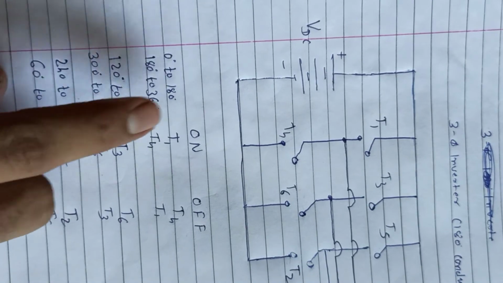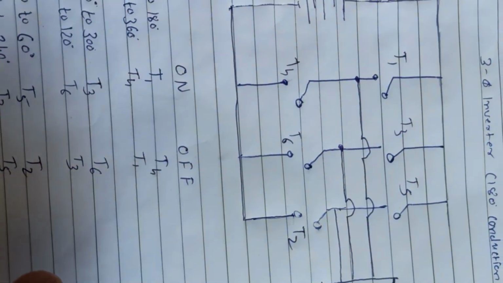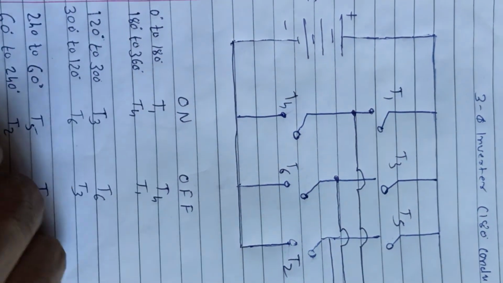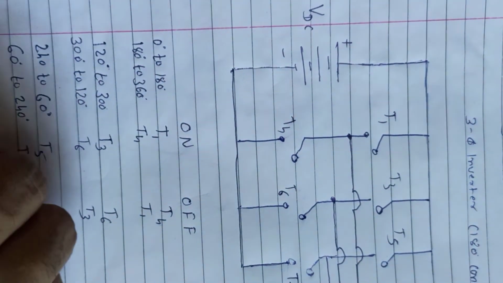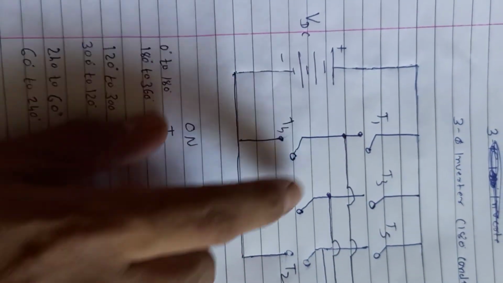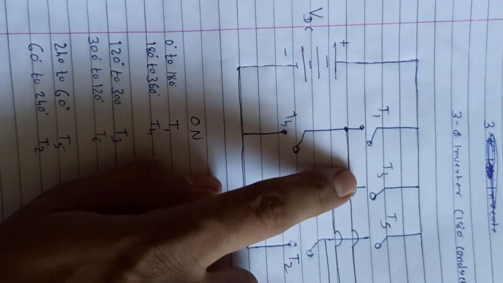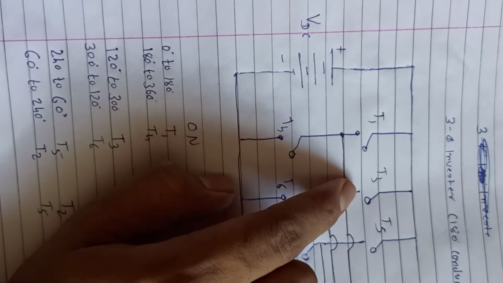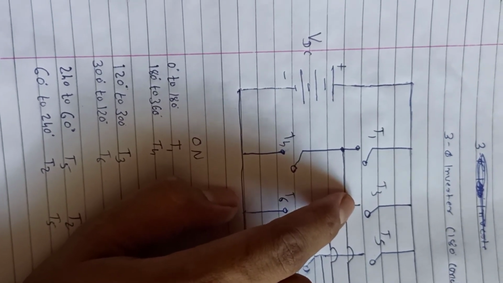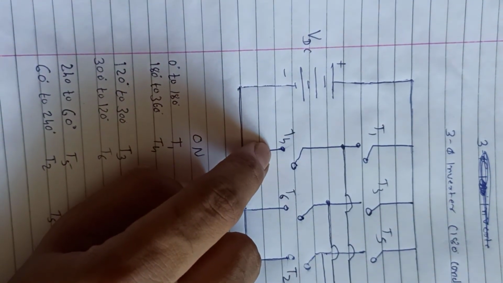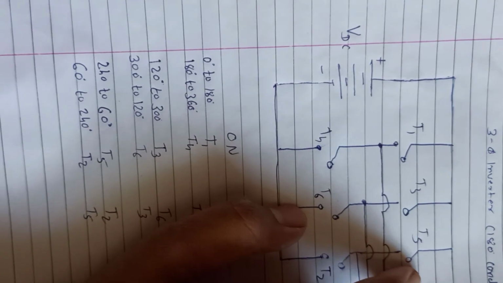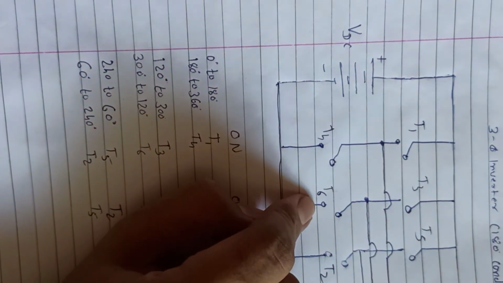So at every 60 degree duration, one switch is on and one switch becomes off. So at 0 degree T1 on, 60 degrees T2 on, at 120 degrees T3 on. At 180 degrees T4 is on, at 240 degrees T5 is on, and at 300 degrees T6 is on.